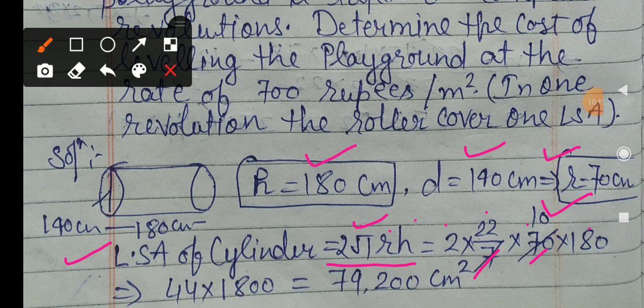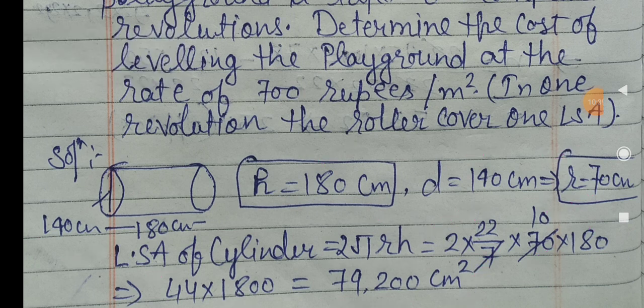Okay, then this value is converted like 22 into 2, that is 44, and 180 into 10 is equal to 1800, and then you have to multiply these and get the lateral surface area of a cylinder or roller, oh sorry, not the total surface area. So this is in centimeter square. Do you understand? Now we have to explain the other part of this question.